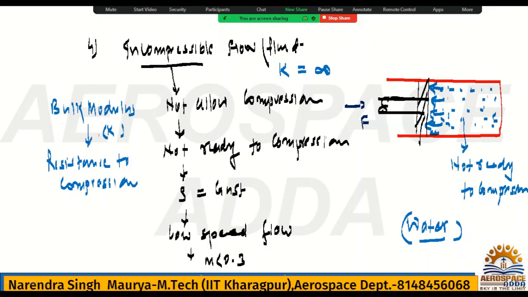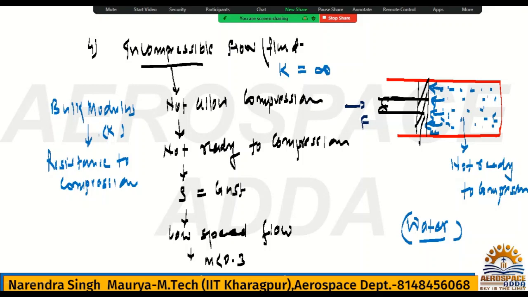So high resistance to compression means high bulk modulus. For the incompressible fluid, it approaches infinite, because incompressible fluid is kind of an ideal fluid. If it is an ideal fluid, then 100% bulk modulus will be infinite. Ideal means what? It is not going to compress even 1%, 0.1%.